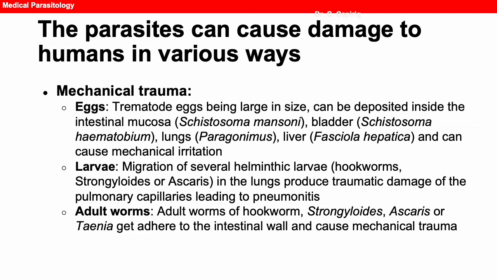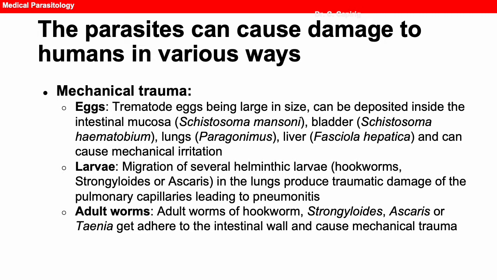It can result in mechanical trauma to that part of the bladder, thus exposing the blood vessels beneath it, resulting in hematuria, or blood in urine. The eggs of Schistosoma mansoni can also be deposited in the intestinal mucosa. Paragonimus, which causes paragonimiasis, is deposited in the lungs. Fasciola hepatica can be deposited in the liver and cause mechanical irritation and damage to the tissue, resulting in loss of tissue.